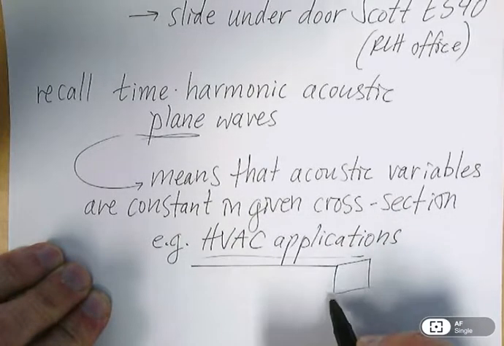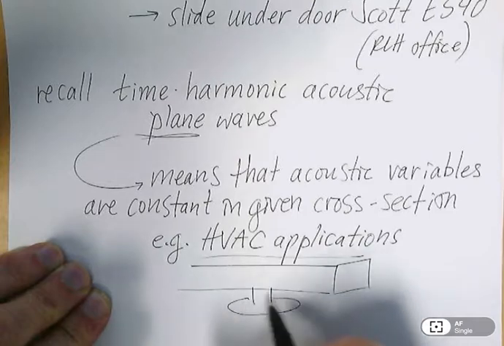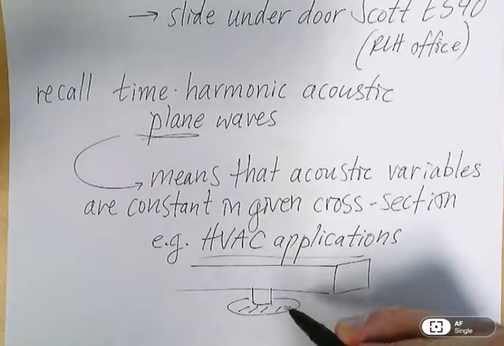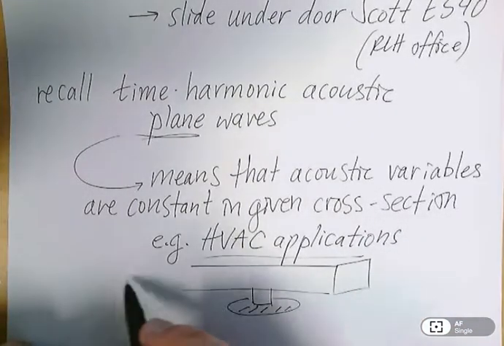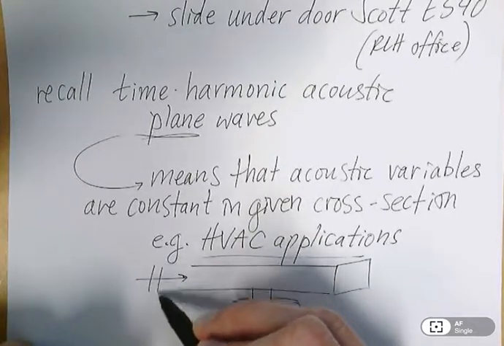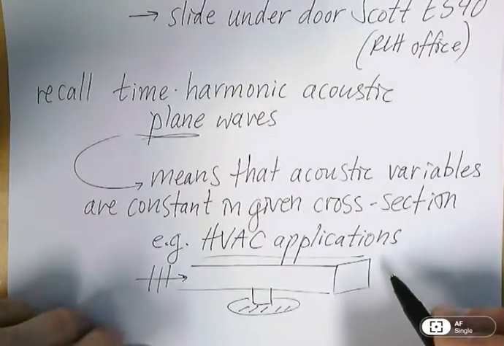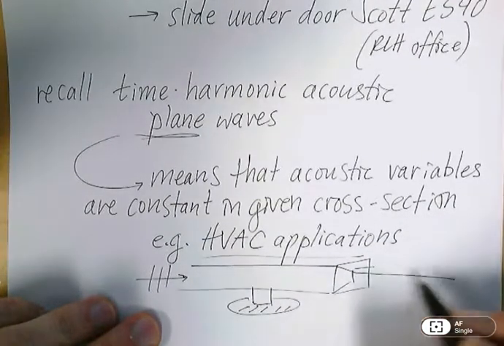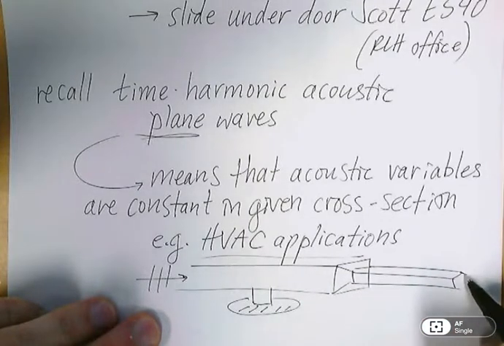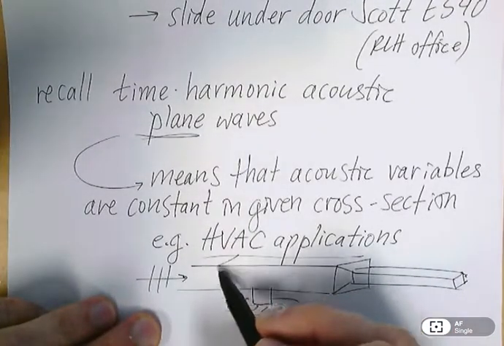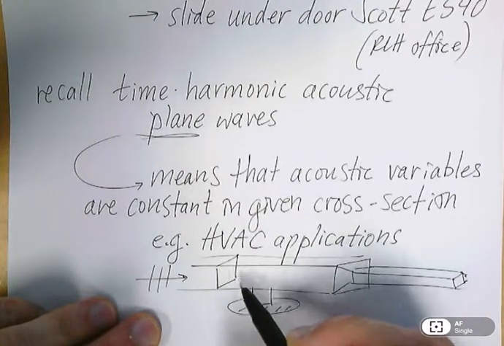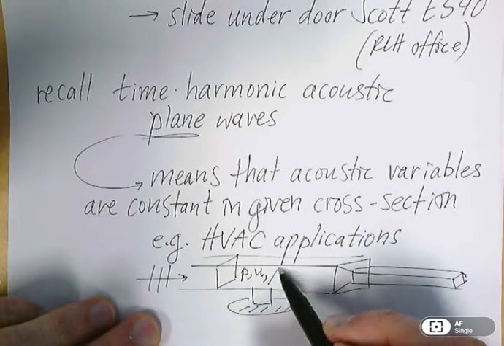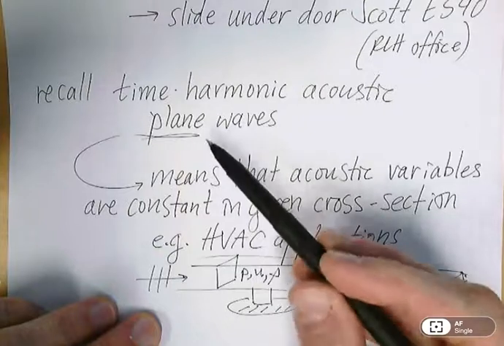Typically what we have in these ducts are these little vents, and this is the vent that's in the room in which you sit, and waves can propagate a very long way. In fact, the cross-section may even change, so it may step down into a smaller area and then keep going. But so long as we're dealing with the case where in any given cross-section the acoustic variables of pressure, particle velocity, and density are constant, then we have the case of acoustic plane waves.